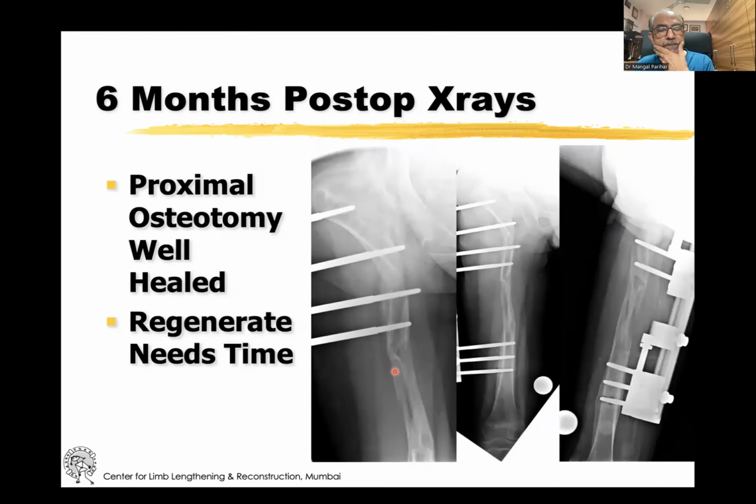Now his proximal osteotomy has healed well. Regenerate is not healing as well, which can be a problem in either situation with an LRS or because these are bones which are not fully normal. Number two, sometimes they are extensive lengthenings.